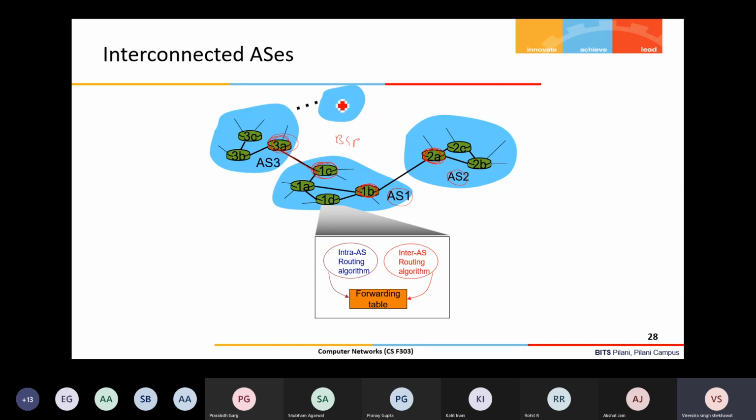And this X is a network, let us say 120.20.10.0/24. We call this a prefix. This prefix contains 2 power 8 total IP addresses that are directly connected to AS3.